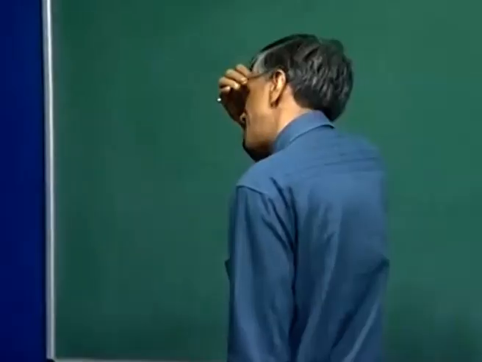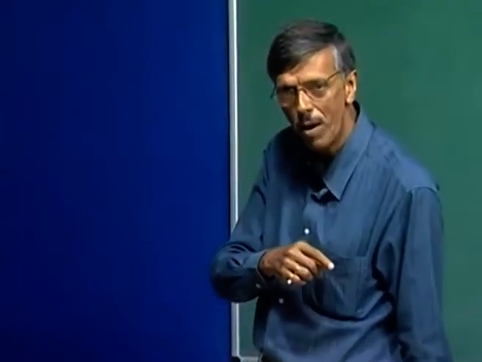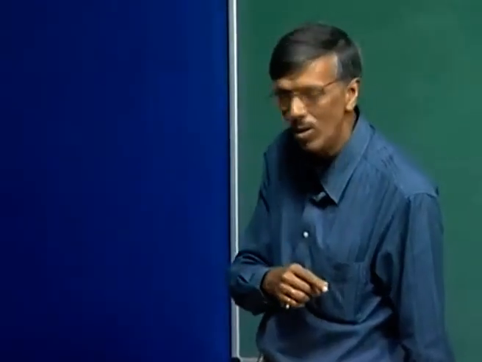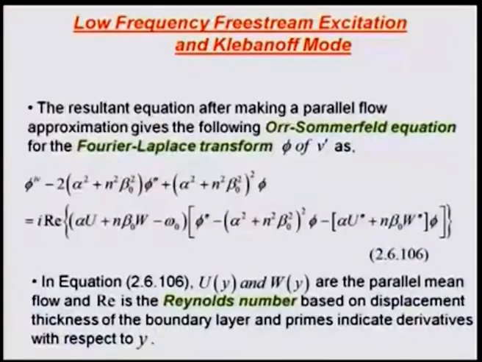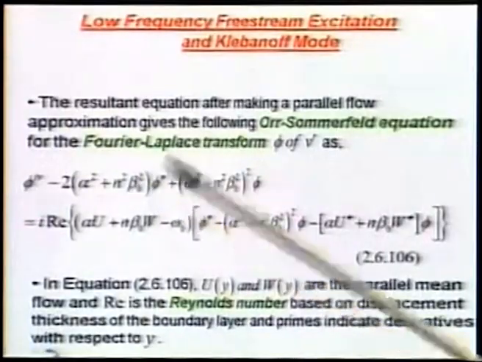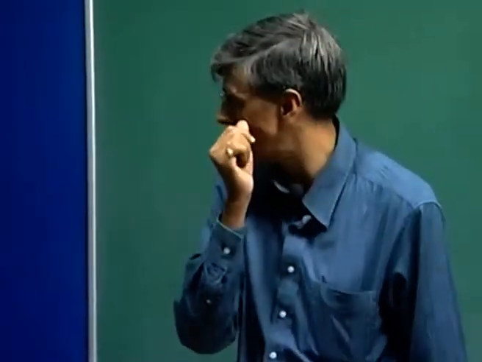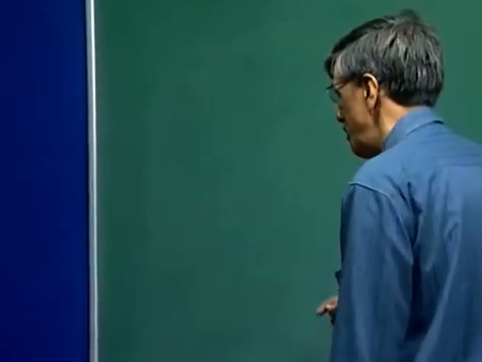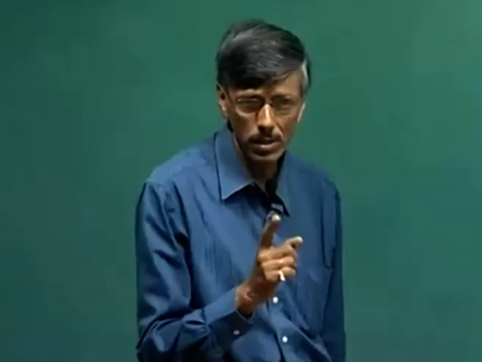The only difference here is that instead of the spanwise wave number beta squared, we have taken those discrete spanwise wave numbers which are given by n squared beta naught squared, right. So, this is what we have done. You should be able to see that. And however, I must tell you what Taylor and Gaster did.